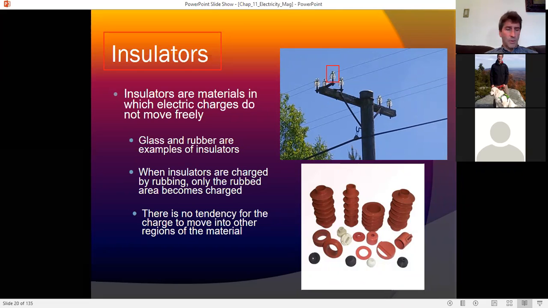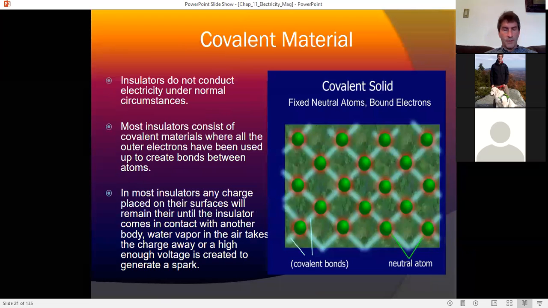These are the old glass insulators that you see along the railroad for the signal lines. But more commonly, we'll use things like hard rubber, plastic, and ceramics, because all of these are covalent materials where inside the materials, all the electrons are used up. So remember the metal where the electrons were able to move about? Here, the outside electrons are pretty much stuck to create covalent bonds between the atoms, okay?